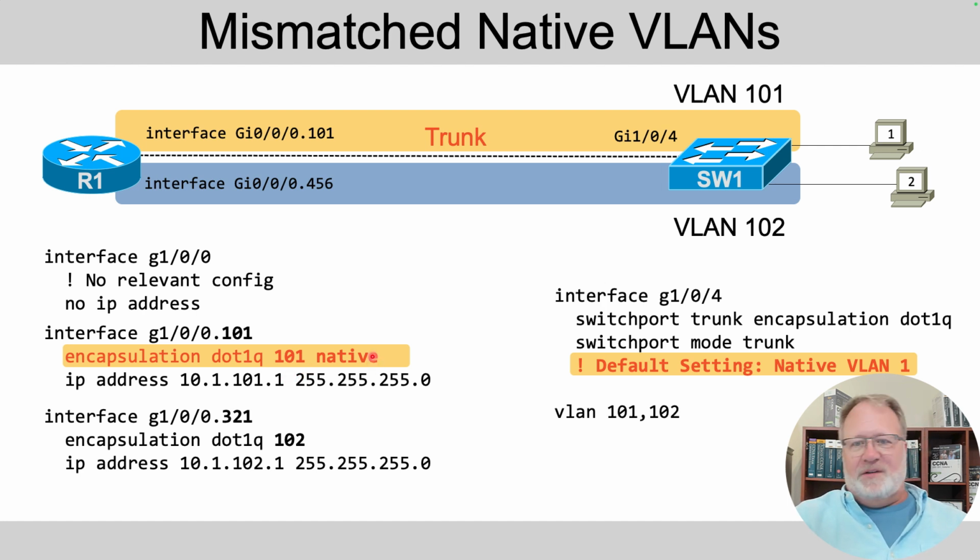I've got to put that on one of the subinterfaces, right? And you put native here. Well, what you've told the router is that VLAN 101 is the native VLAN. And if you told the switch, by default, that VLAN 1 is the native VLAN, so that's going to create a case where frames can hop from VLAN 1 on the right to VLAN 101 on the left and vice versa. So that would be broken.